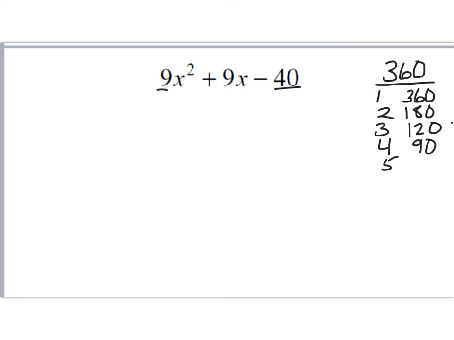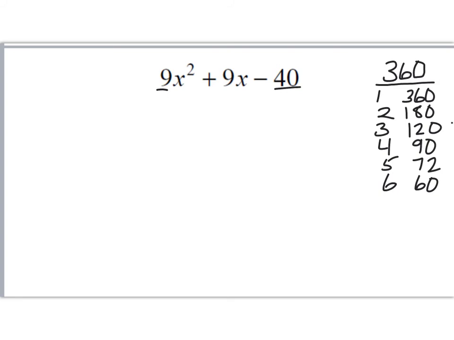Let's see, 5 goes in there 7 times 72. 6 is another 60. And now what we're looking for here, because if we could find it, we would stop, is that because it's a -40, one of the numbers is going to be negative, one is positive. So we're going to be finding the difference. Two numbers that when you subtract them get to 9. We're not there yet. Alrighty, so we're going to keep going.